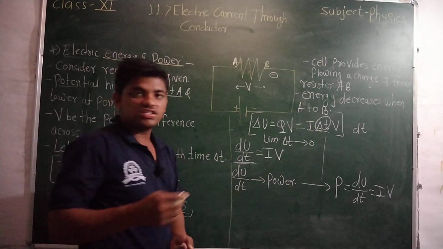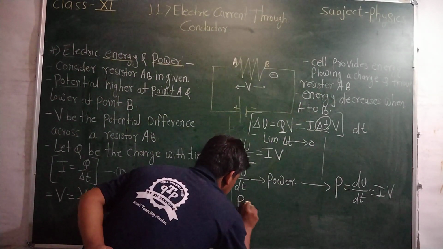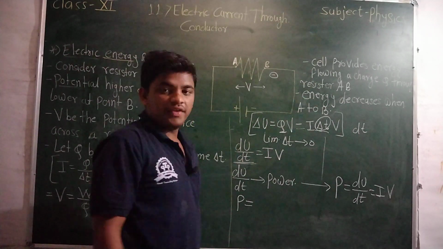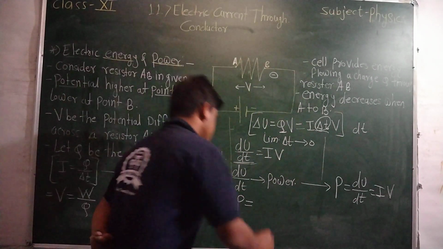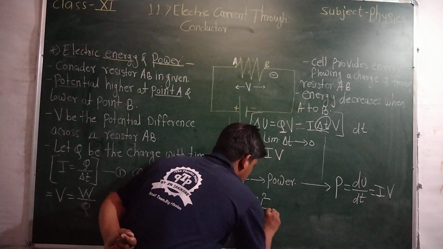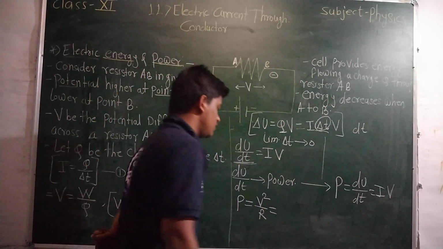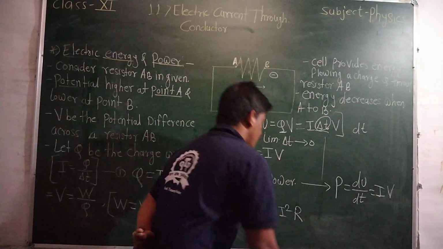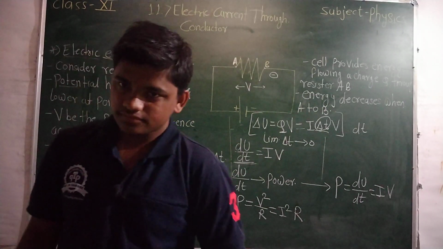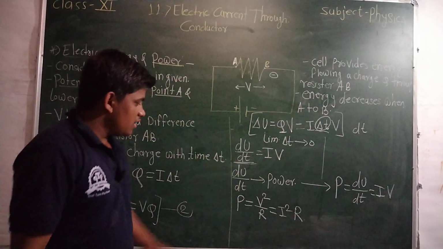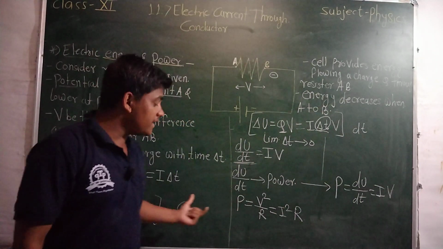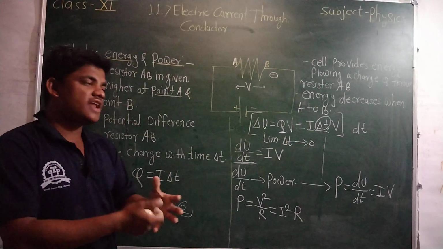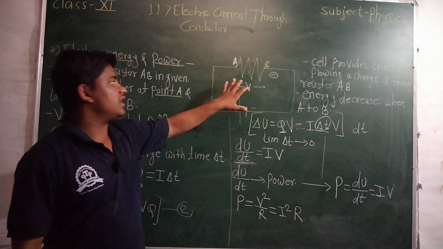Then the dissipated energy, I can write here, the dissipated power P is equal to V square by R, which is also equal to I square into R. This is the equation for the dissipated energy in the given circuit when the charges and electrons move across the resistors.